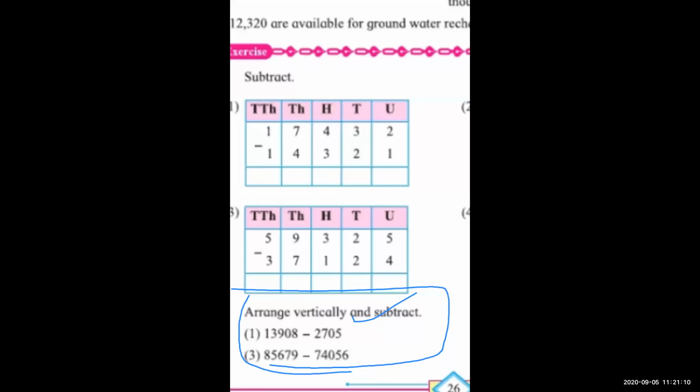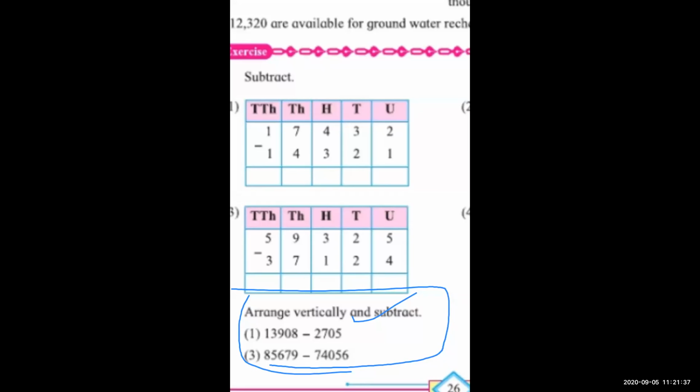Everyone is trying from their side. Don't take the help of parents, and don't copy from the chat box. Yes, everyone is trying to give the answer. Very good. Arohi Khan, beta, your answer is wrong.